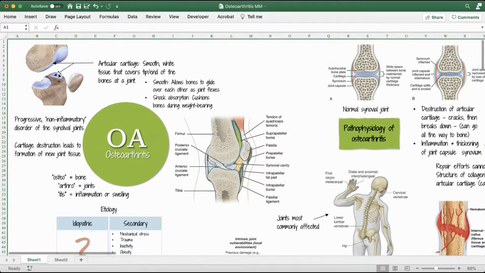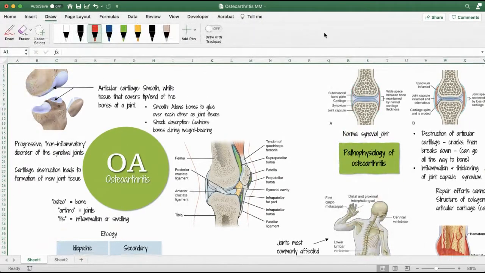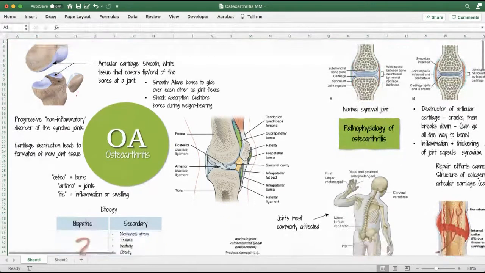So what we're talking about is this, I just want to make sure, sorry, I lost my pen here. There it is. So what we're talking about is this cartilage right here, this articular cartilage. It's this smooth, cartilaginous tissue that coats the outside of the bones at the joint, where they meet.